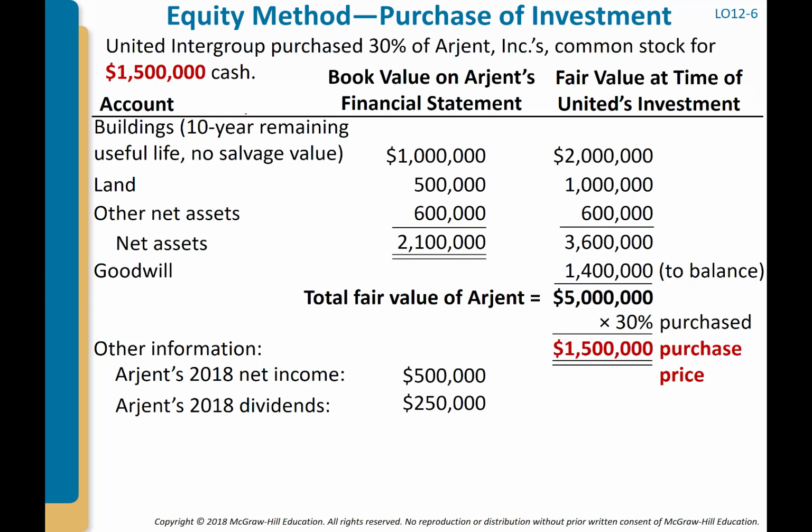And we say that the total fair value of this company now is 3.6. We paid how much for it? 1.5 million of cash, didn't we? Okay. So what's happening?